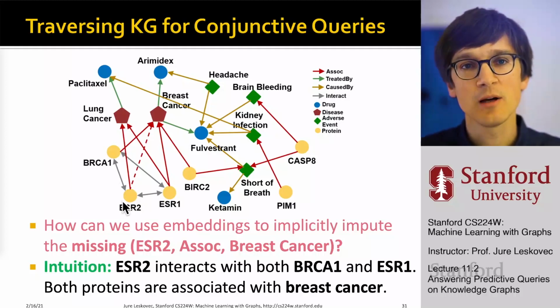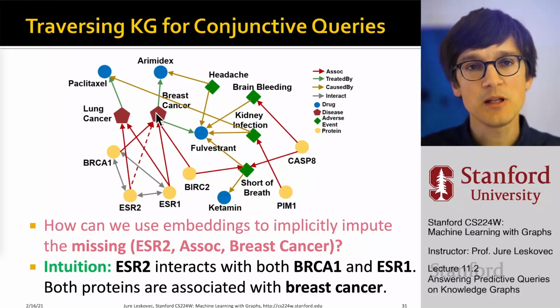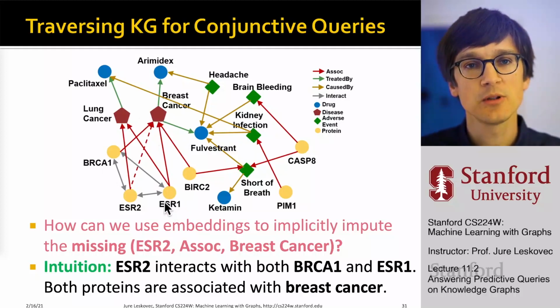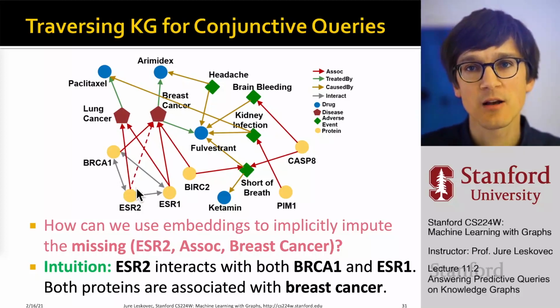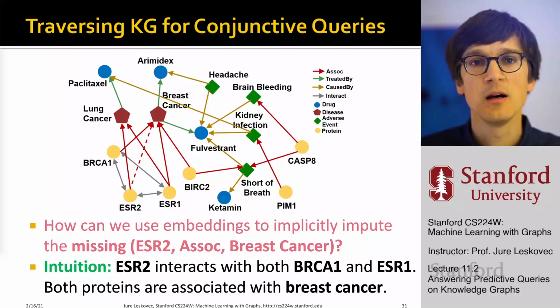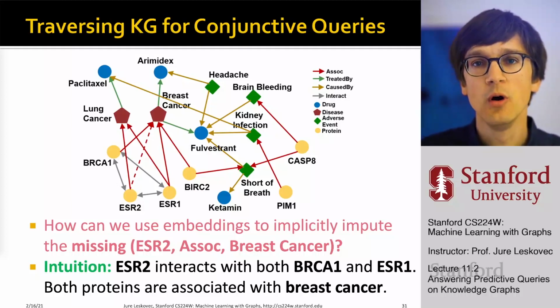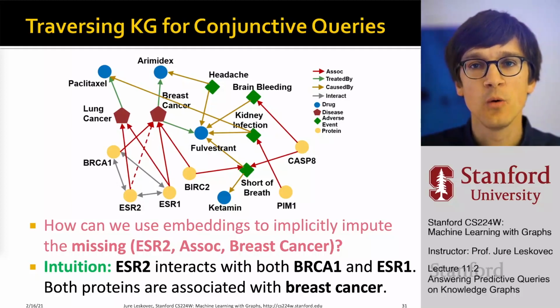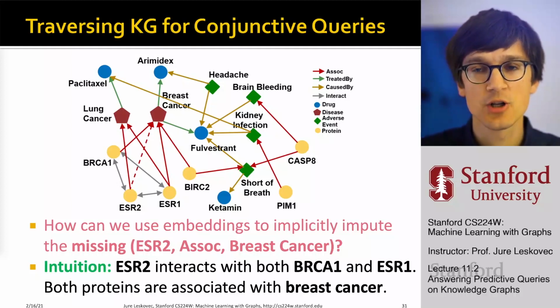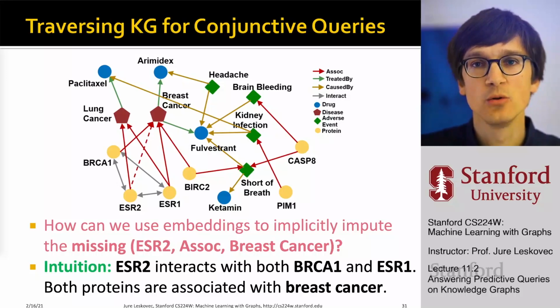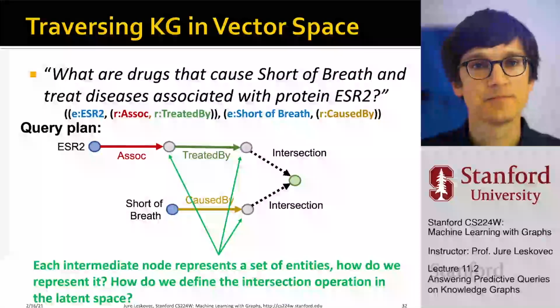So if breast cancer is associated with these two proteins, which are strongly associated with this third protein, perhaps there is a missing relationship here. That's what our algorithm needs to be able to do implicitly through node embeddings. The hope is that other context and other relationships in the graph will allow us to do this.